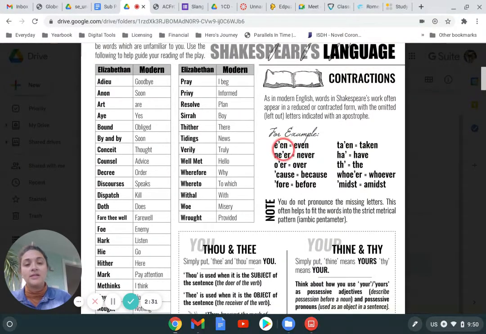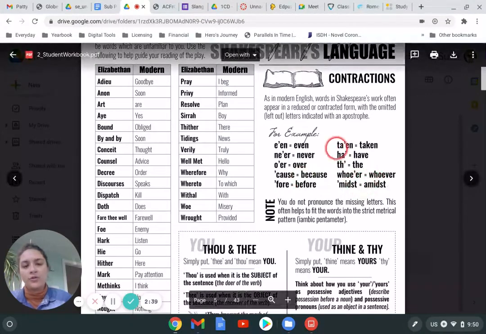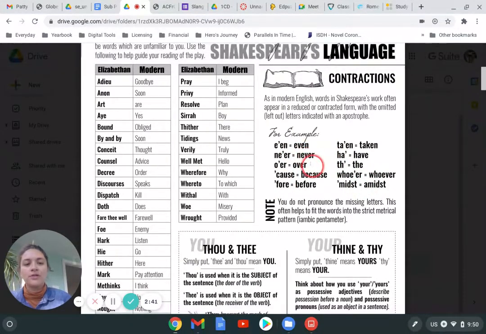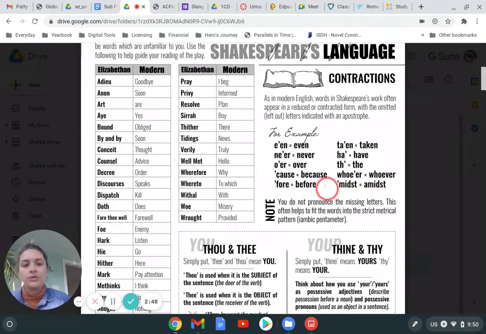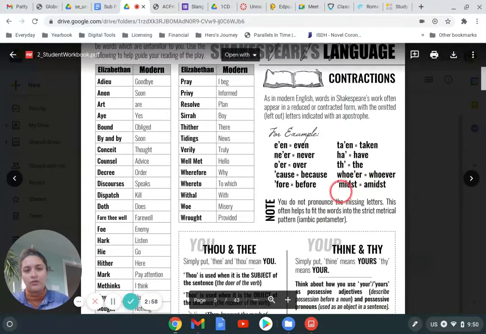Instead, he'd need to say e'en, or instead of never, he'd say ne'er, or instead of over, o'er, and so on and so forth. Basically, he was trying to take these 2-syllable words, or in the case of whoever, a 3-syllable word, and take them down into a 1 or 2-syllable word instead. So you just don't even pronounce the missing letters, and that helps you keep that metrical pattern, as this little note says.